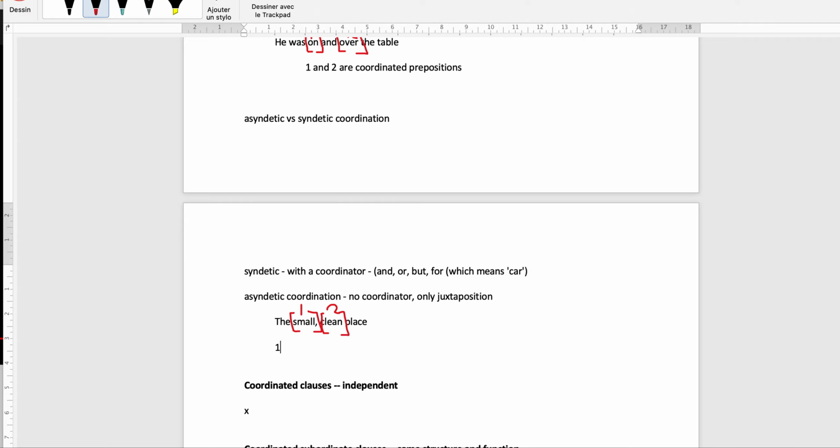Now we're going to say 1 and 2 are coordinated, right? And in parentheses you could say asyndetic coordination, because I could have said the small and clean place, but we can have coordination without a coordinator, right? And the meaning is exactly the same.